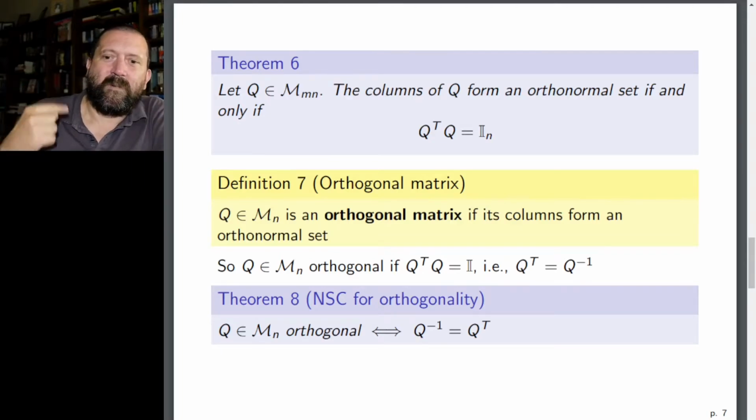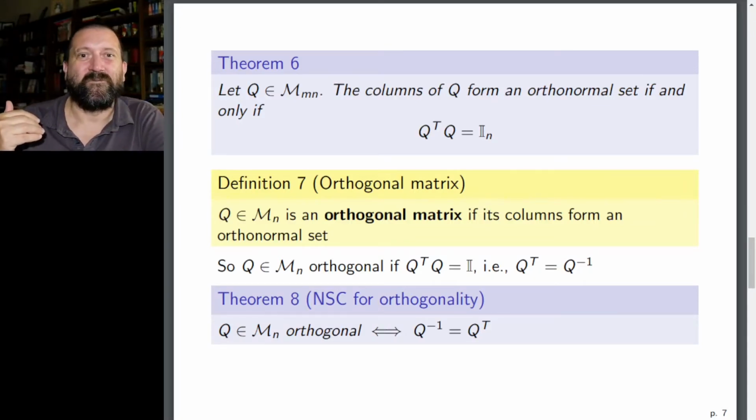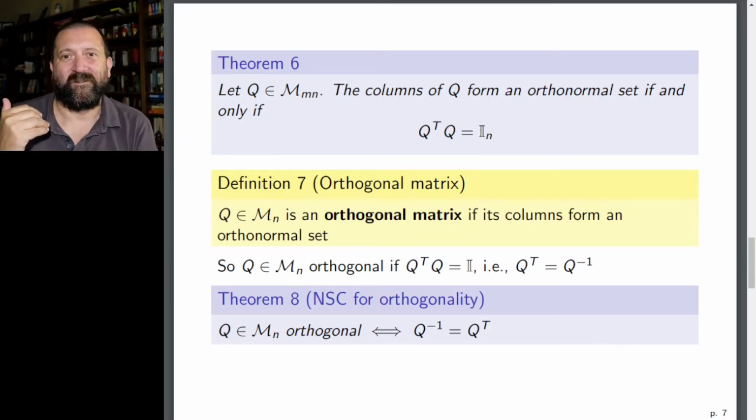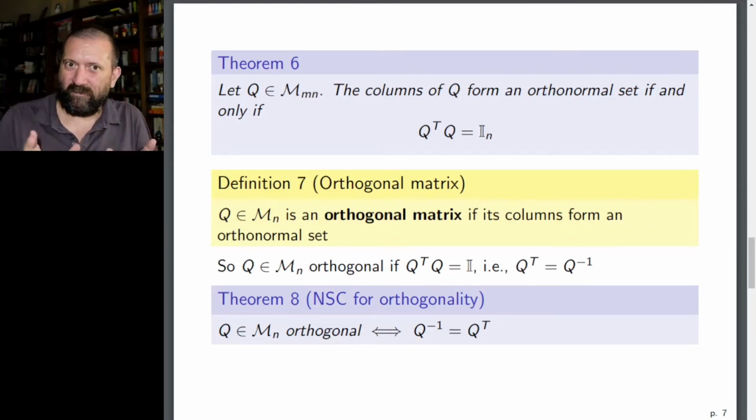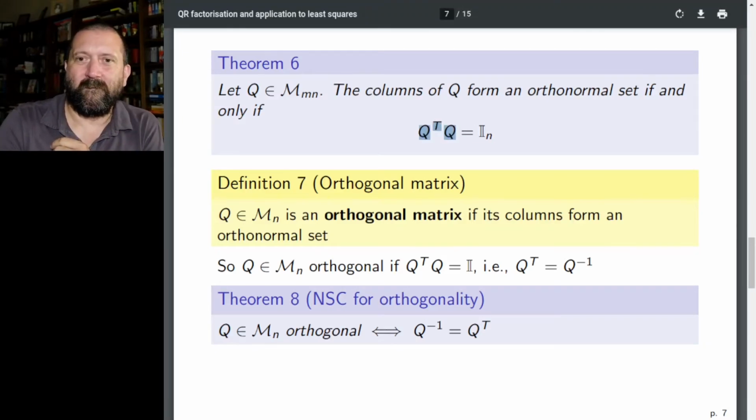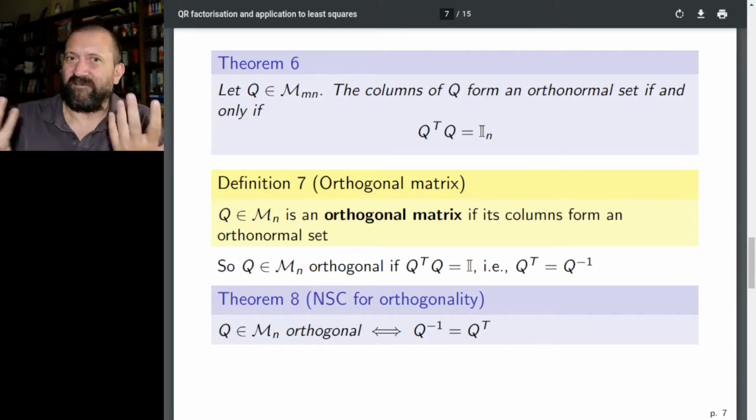I'll remind you of one observation we had made in the past and that I've used again several times since: if I have a non-square matrix, when I take Q transpose times Q or Q times Q transpose, I automatically get a square symmetric matrix. So saying that Q transpose times Q is identity is not shocking.